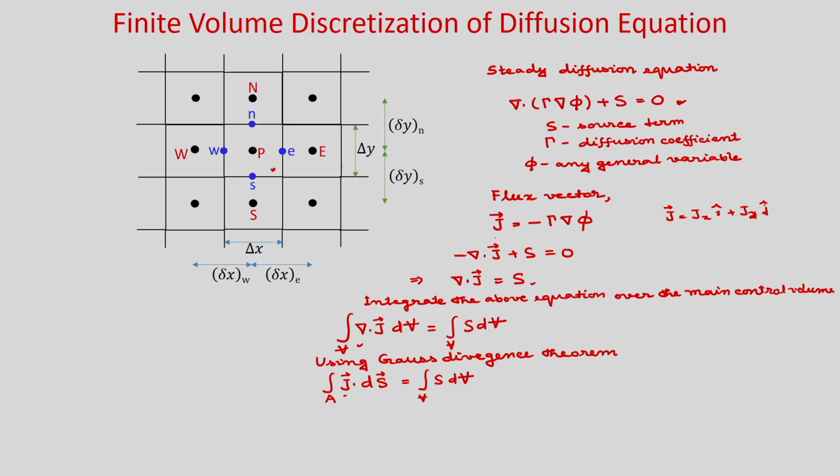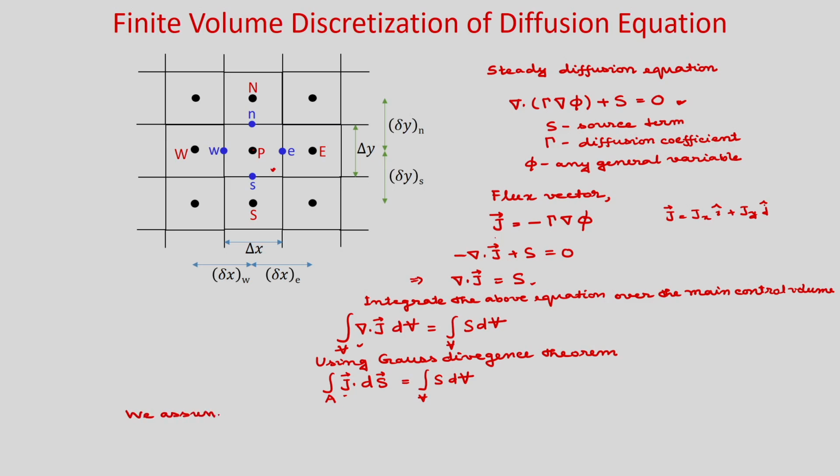So, first assumption is that J varies linearly along the faces. Okay. So, we will first assume that whatever J is the flux vector that varies linearly over the faces, and the second assumption is that the mean value of this J will take at the face center small e, okay, for the east face.